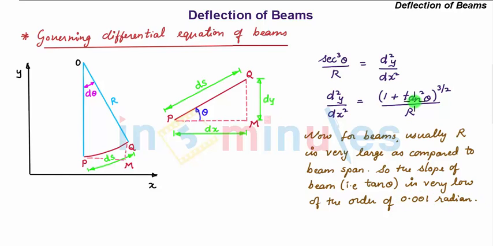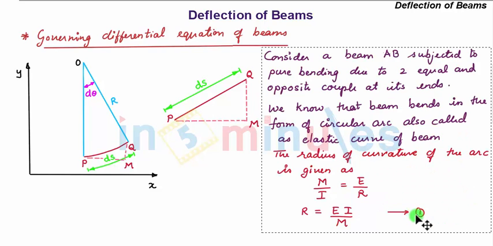So we see that (1 plus tan square theta) to the power 3 by 2 could be considered as simply one by neglecting this tan square theta term, since the square of this very small value will also be very small. So this expression could be written as d square y by dx square equal to 1 by r. Now let this expression be equation 2.